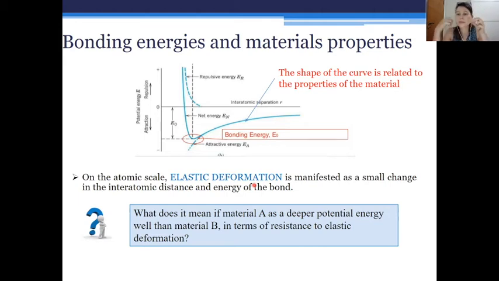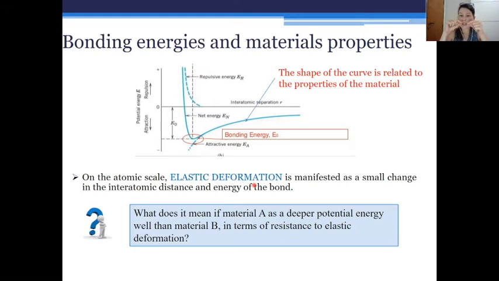When you apply a force, it stretches, it deforms, and when you remove the force, it comes back to its original length. So that means that it is an elastic deformation. When I remove the stress, it comes back to its original state.